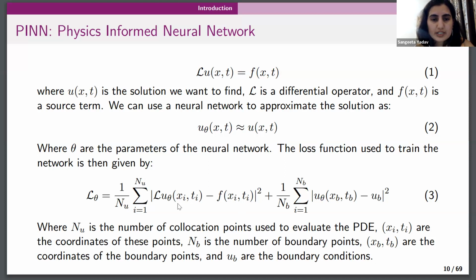Here the first term is the L2 norm of the strong residual, and the second term is for the boundary loss, where the value of u_b is given to us. Here N_u is the number of collocation points used to evaluate this PDE, and x and y are the coordinates.